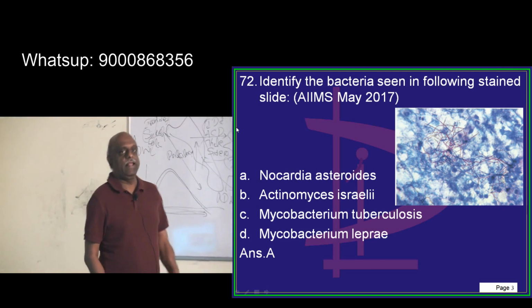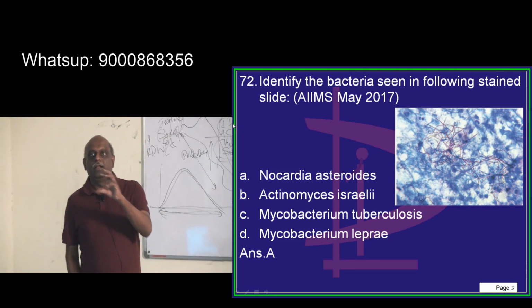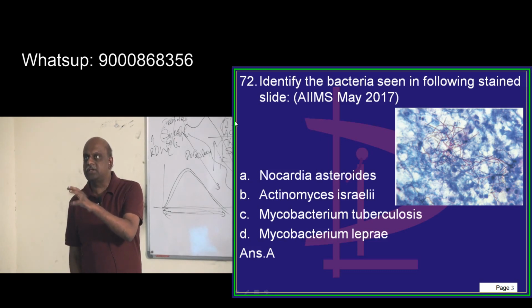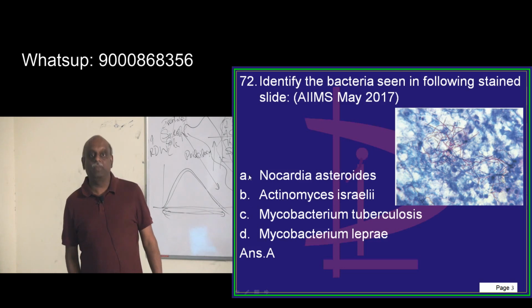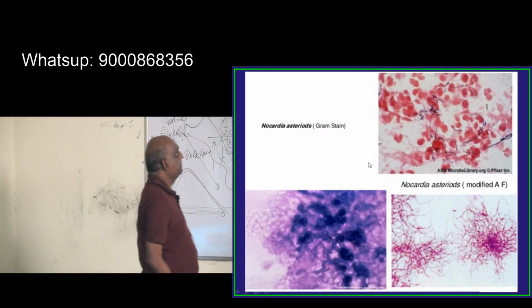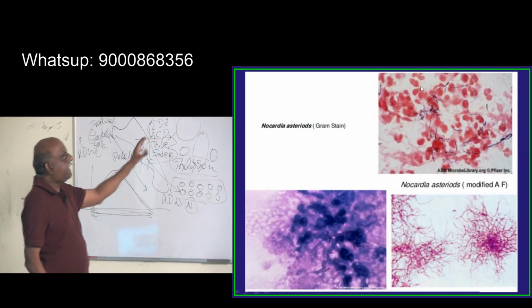So definitely in the examiner's question bank, looking at the slide and recognizing a fungus is there, which you have to be doubly sure to reinforce. So this is the Nocardia asteroides.